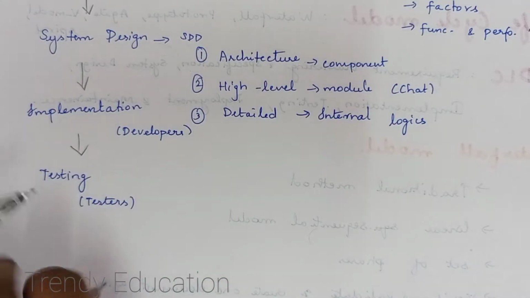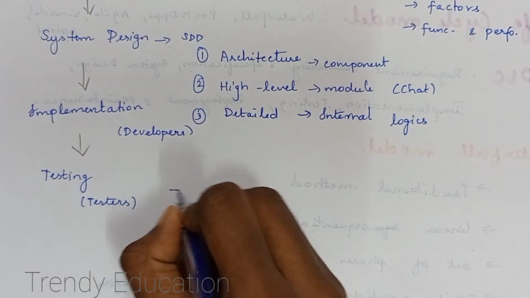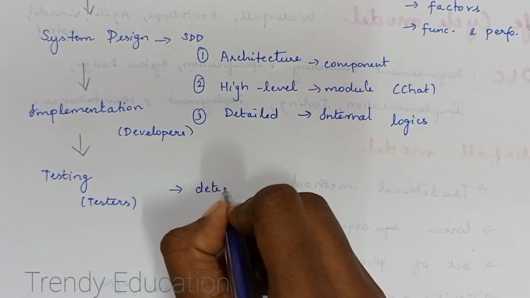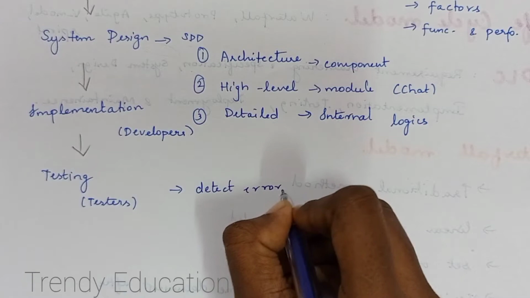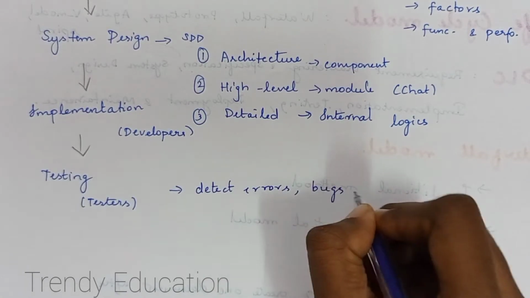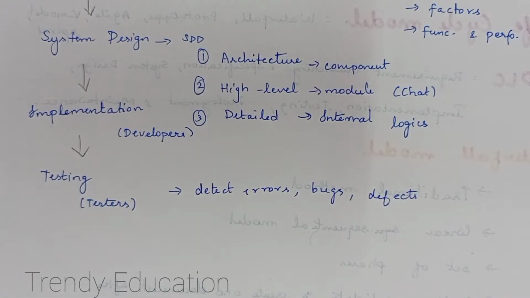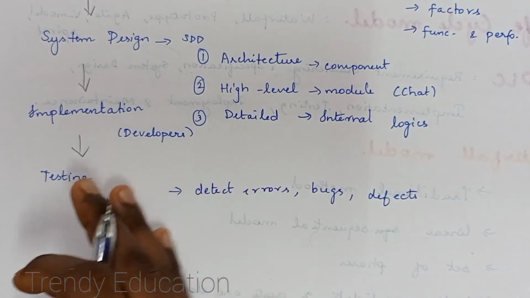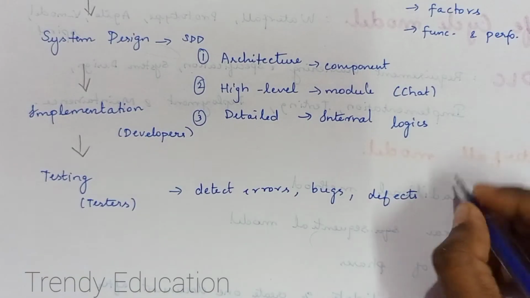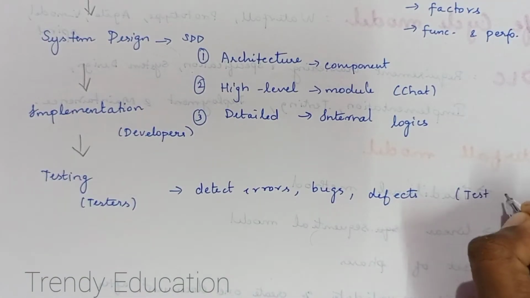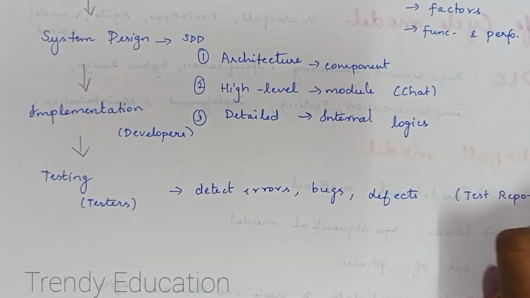In testing, what people will do is detect errors, bugs, and defects in the application or in the code. Once this phase finishes, the output of this phase is the test report and error report.